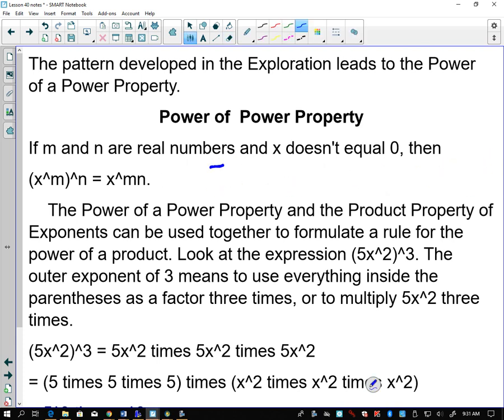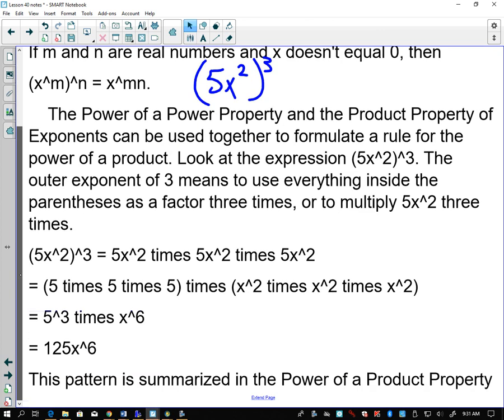If I have 5x squared, cubed, the outer exponent of 3 means to use everything inside the parentheses as a factor 3 times, or to multiply 5x squared 3 times. We see it expanded down here: 5x squared to the third is 5x squared times 5x squared times 5x squared.